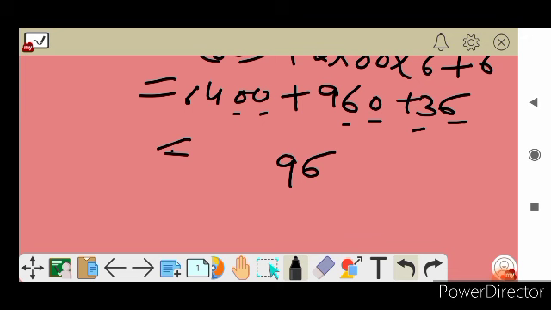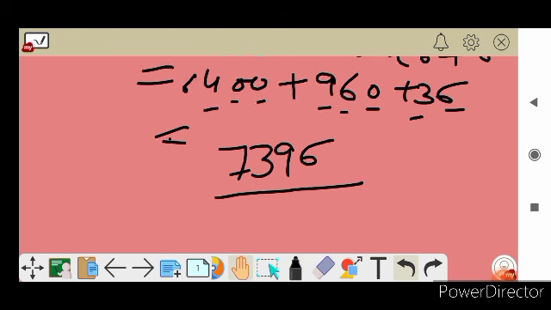In the second number the hundreds digit is 9 and in the third there is none, so we add 9 and 4 to get 13, and the carry is 1. In 960 there is no thousands digit, so we add the 1 to 6. So we get 7396, and all the parts we will solve with the help of this. Okay, and next question number second.